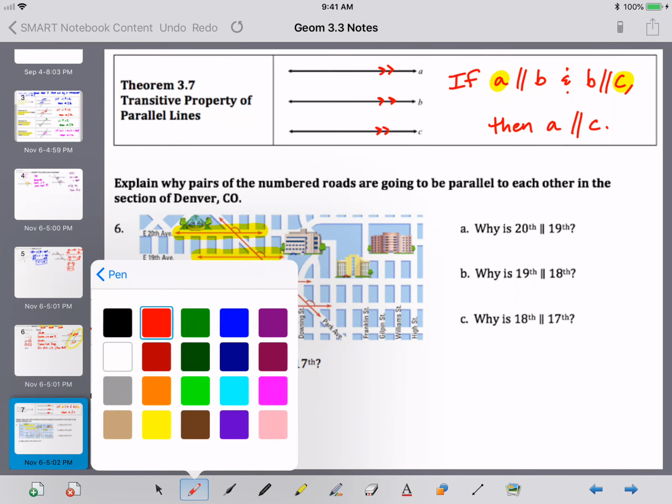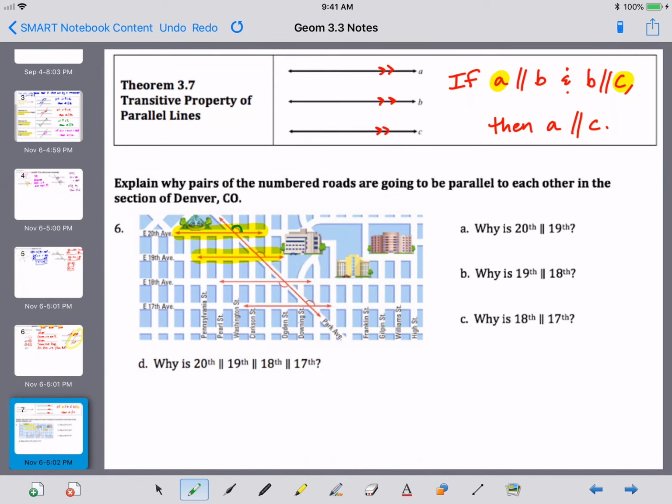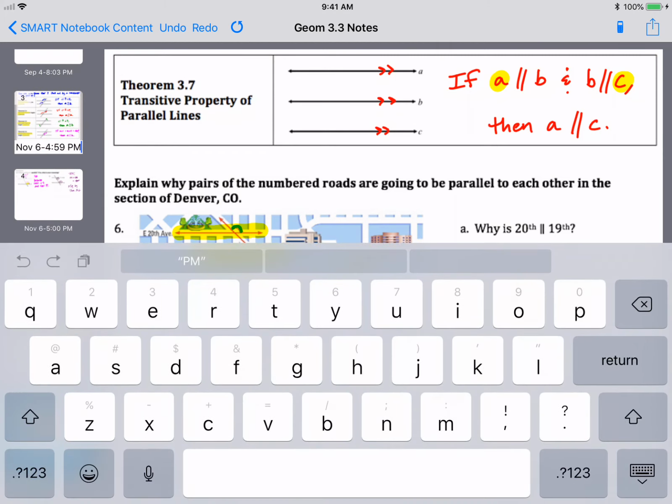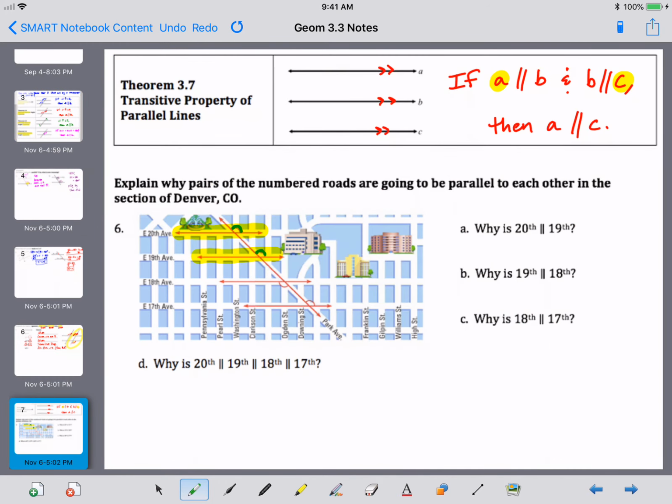Looks like we have some corresponding angles. So remember, if corresponding angles are congruent, then the lines are parallel. If you look back at our postulates and theorems, that is postulate 16, corresponding angles. So postulate 16 tells us that.